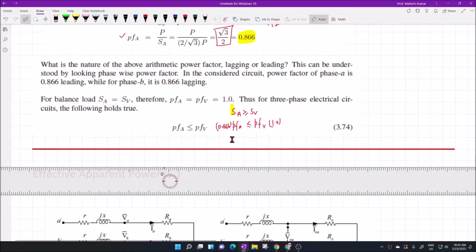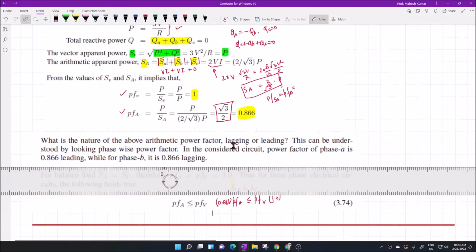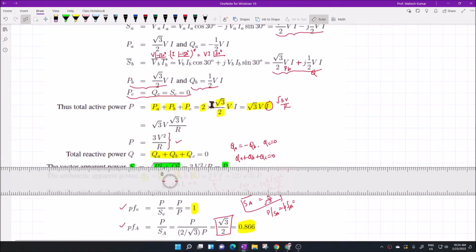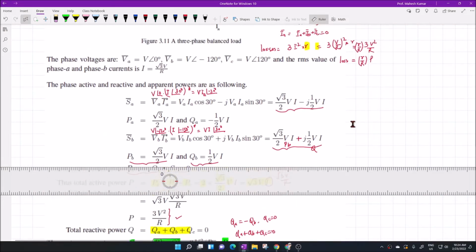Okay, so I hope you got the point. You may have some question in your mind about why the individual phase, if you see A phase and B phase and C phase, in A phase the current leads the voltage by 30 degrees, you can see here. In B phase current lags the voltage by 30 degrees, minus 150, this is minus 120.